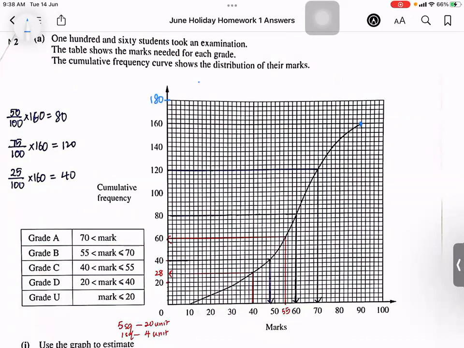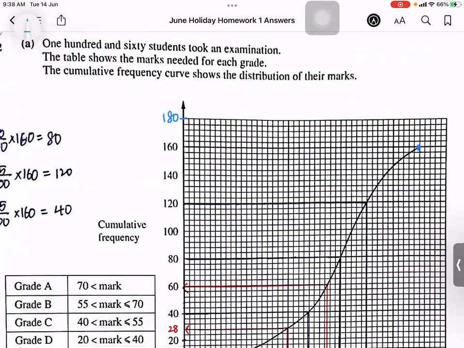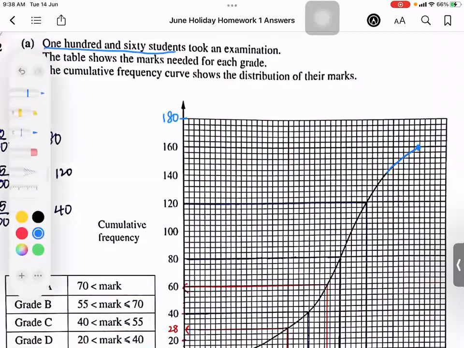Do not just read the axis and pick the largest number. They may give you extra numbers. If you use 180 or 200 based on the scale, it might be wrong. So you must always look at where the curve stops, and the question says it's 160 students. So in this case, this will be just the number 160.